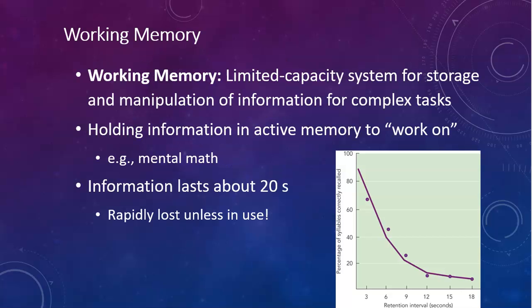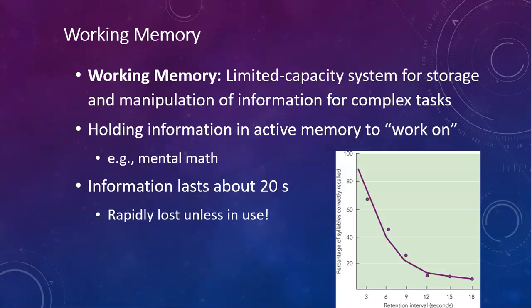Now, again, remember, for this class, I'm talking about short-term memory and working memory as the same thing. But your textbook does kind of define working memory separately. So working memory is, again, very similar to short-term memory. I want you to think about them the same.